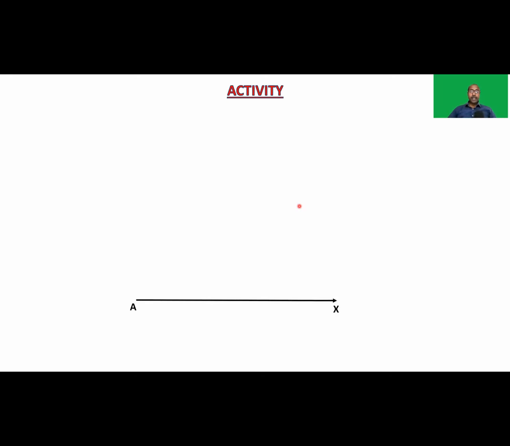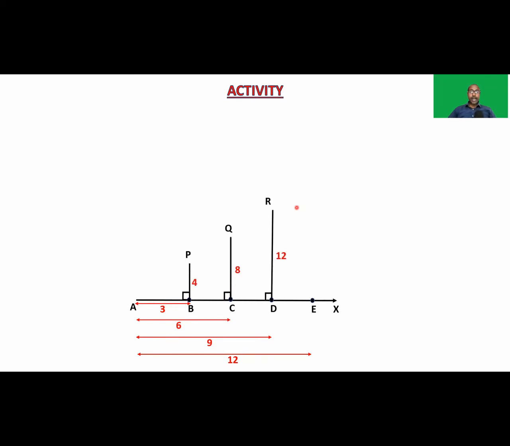Let A be the initial point and mark other points B, C, D, E at a distance of 3 centimeters, 6 centimeters, 9 centimeters, and 12 centimeters respectively from A. Now, draw the perpendiculars BP, CQ, DR, and ES of lengths 4 centimeters, 8 centimeters, 12 centimeters, and 16 centimeters from B, C, D, and E respectively. Then join AP, PQ, QR, and RS like this.